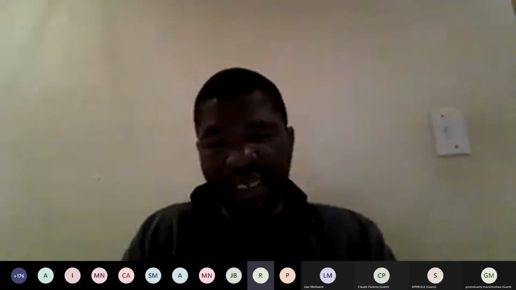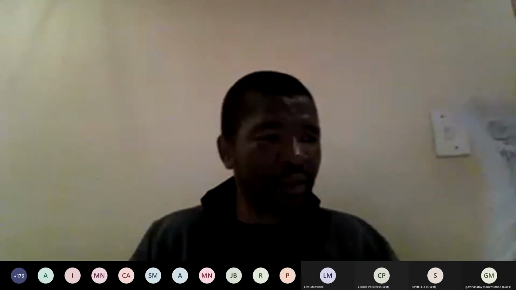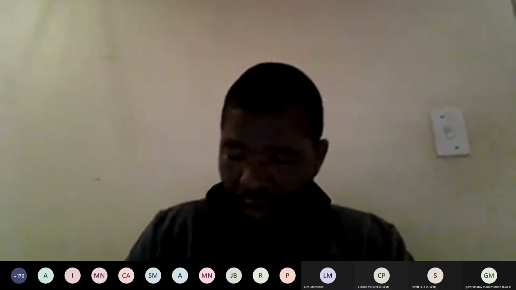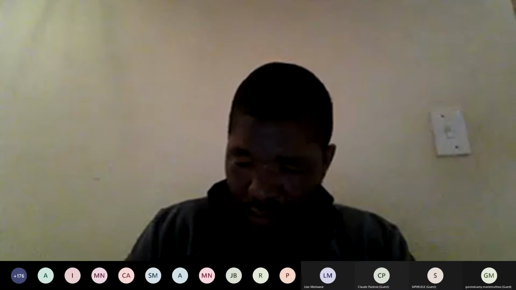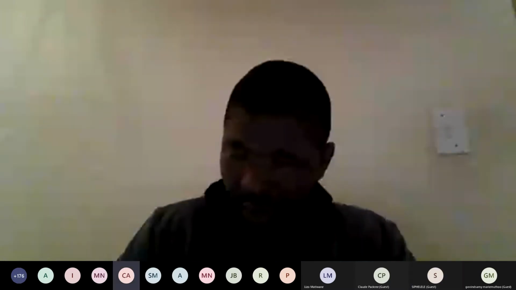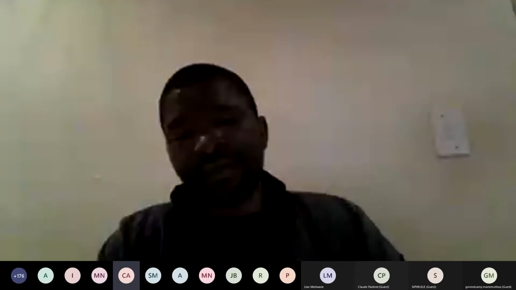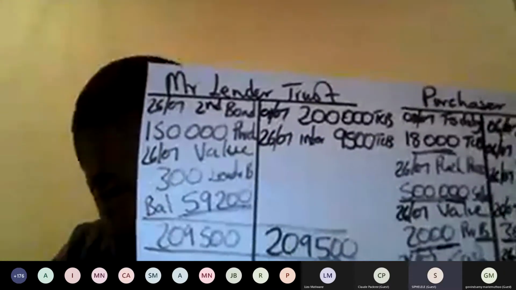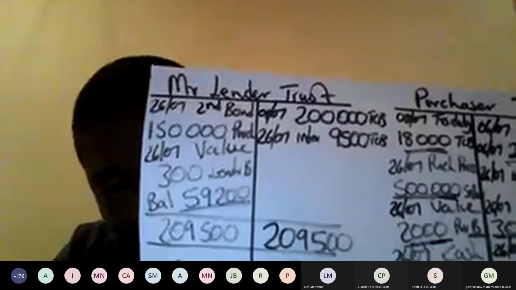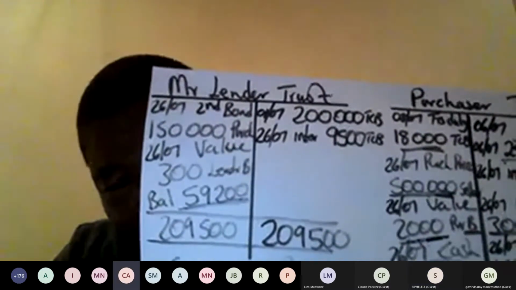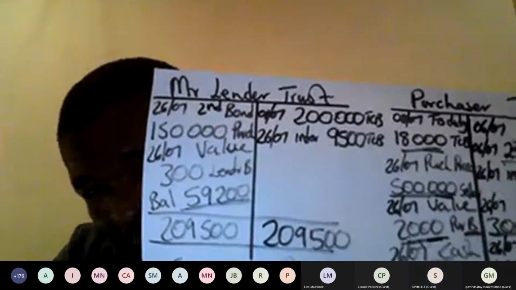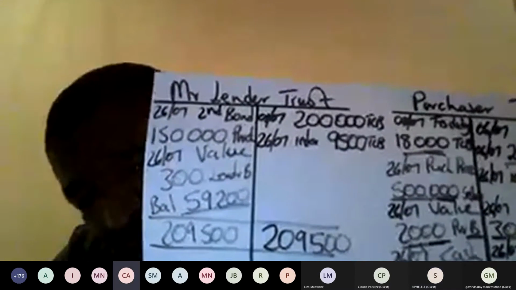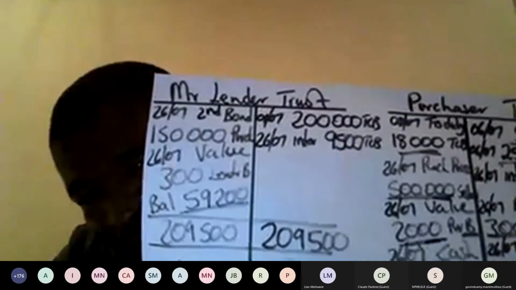Now let's quickly balance our trust cash book. I'm saying on the lender's trust here, that 59,200, just write balance. Write it as a balance there, 59,200. We are not paying him. We are just writing it as a balance.